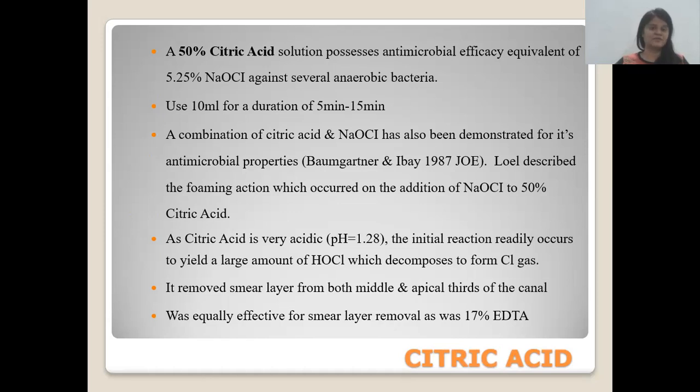Lowe described the foaming action of the combination which occurred on addition of hypochlorite to 50% citric acid. Citric acid has a very acidic pH of 1.2, where the initial reaction readily occurs with a large amount of hypochlorous acid, which decomposes to form chlorine gas.